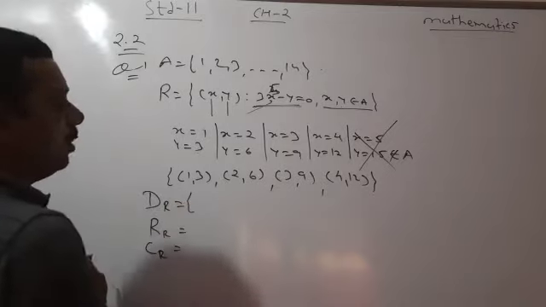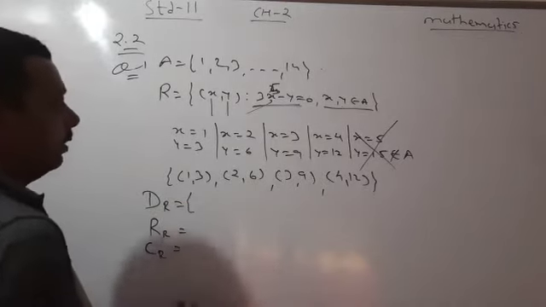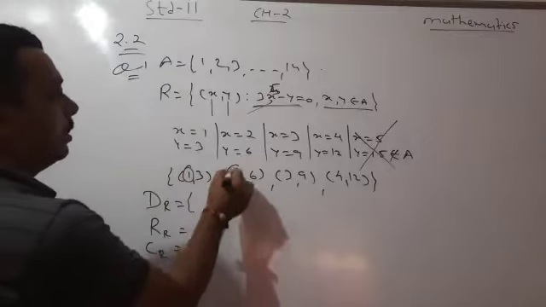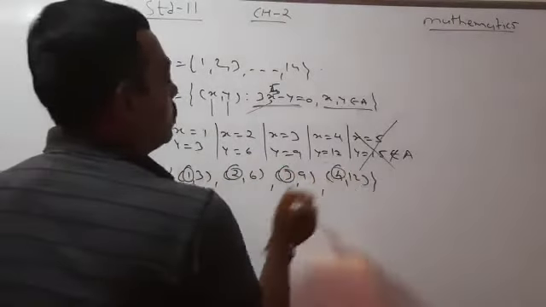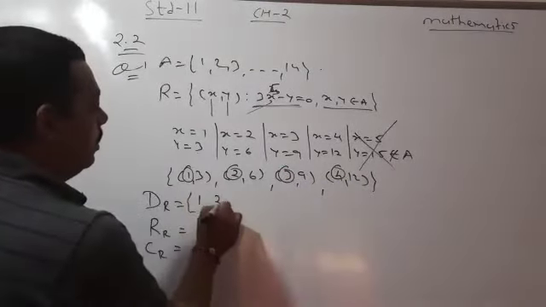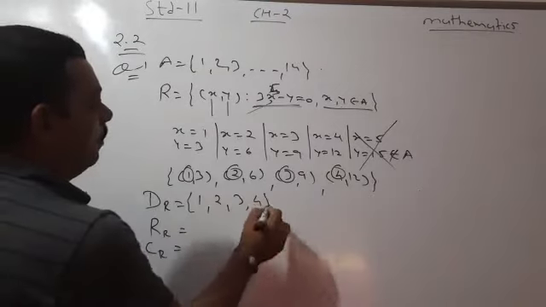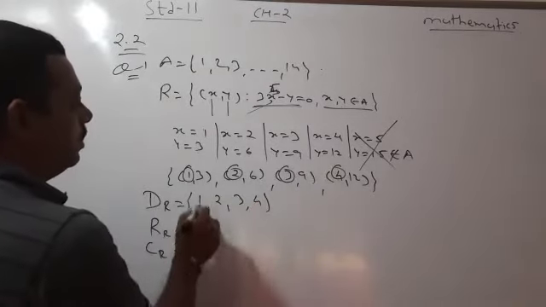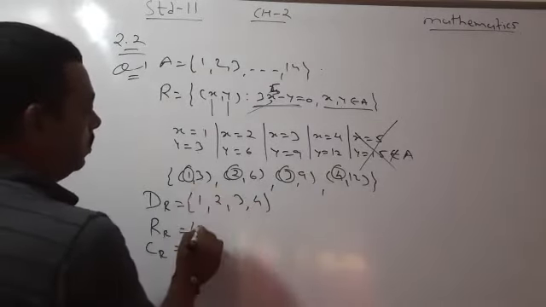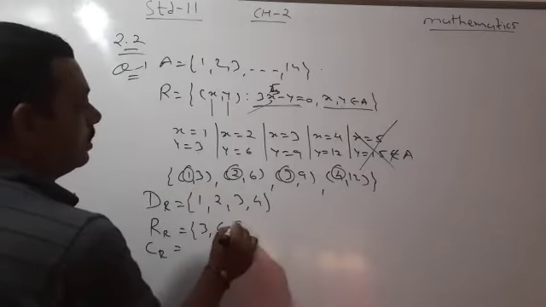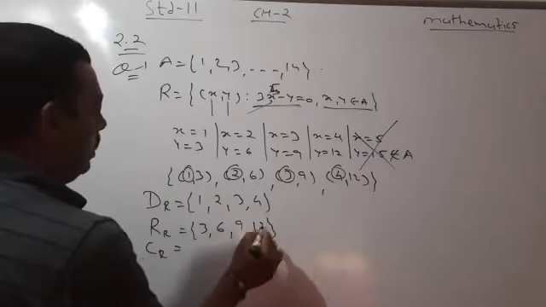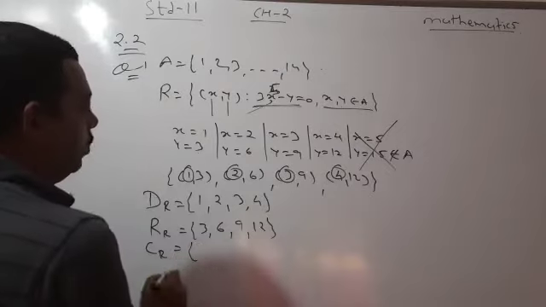Now what do you mean by domain? We know that the first entries are known as the domain. So we'll write 1, 2, 3, 4 is the domain. Range is the second entry. So 3, 6, 9, 12 is the range. Now codomain.